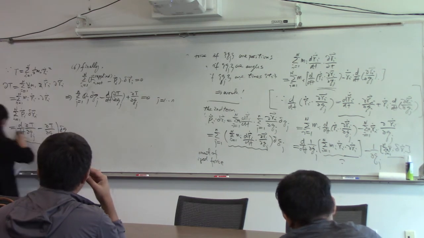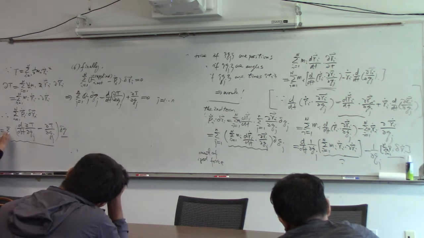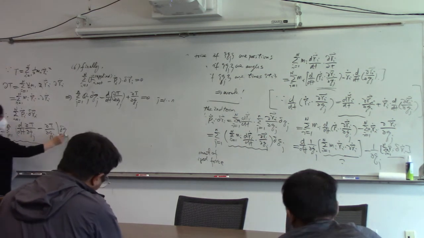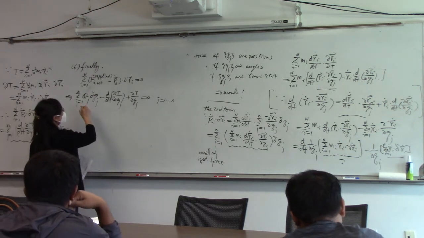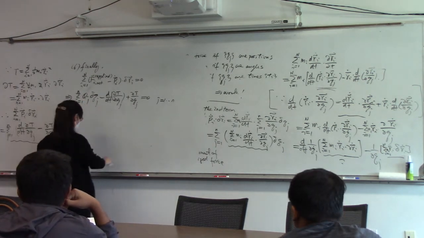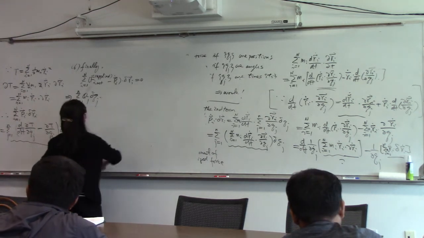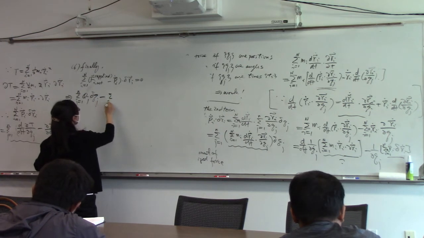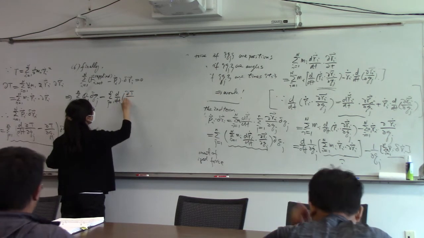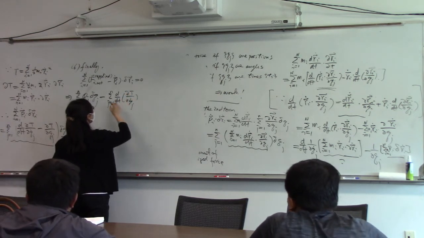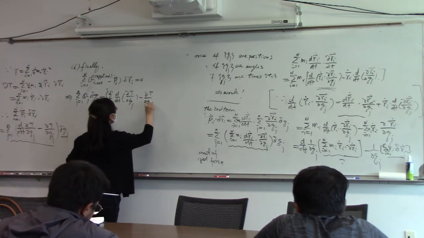I just analyzed one of the terms. So now this is the summation j from 1 to n. Right? That is this. Minus summation j from 1 to n, d/dt of partial t over partial qj dot, minus partial t over partial qj.